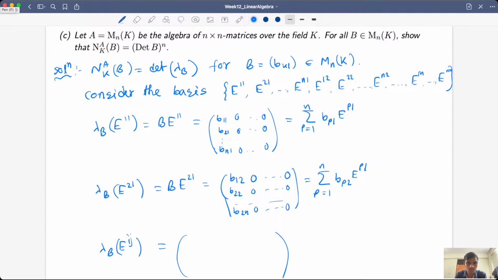So at the jth column, the ith column of B will occur. Like this is the 2nd column: B 1i, B 2i, B ni, and this is the jth column. Okay, and the remaining are all 0.